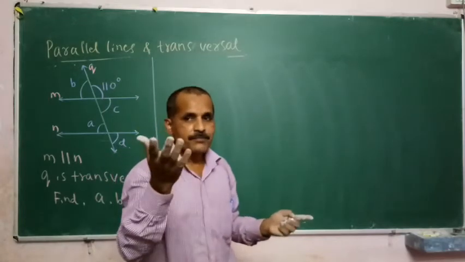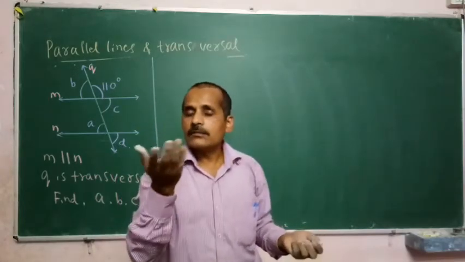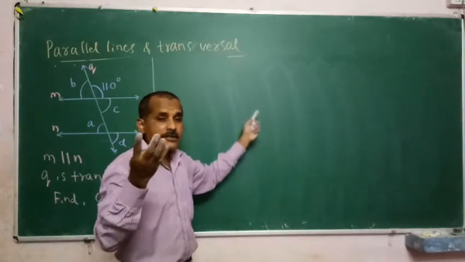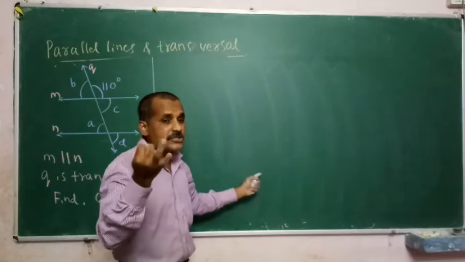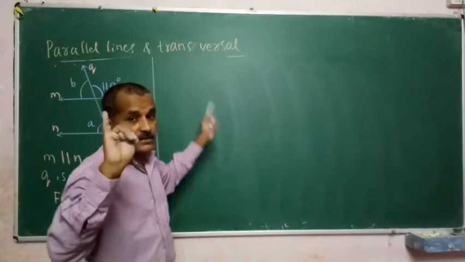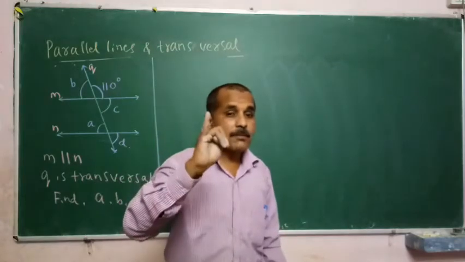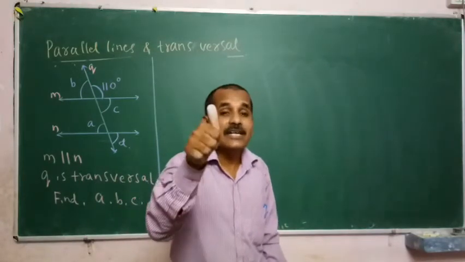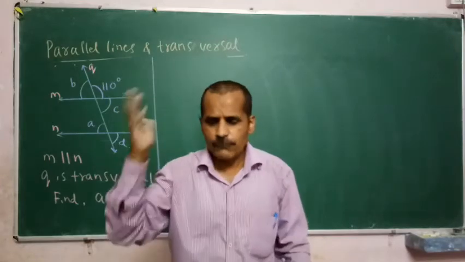Which are the 4 angles? Corresponding angles, alternate interior angles, alternate exterior angles, and co-interior angles. Apart from these 4, you should remember vertically opposite angles and the linear pair of angles. That will be sufficient for you.